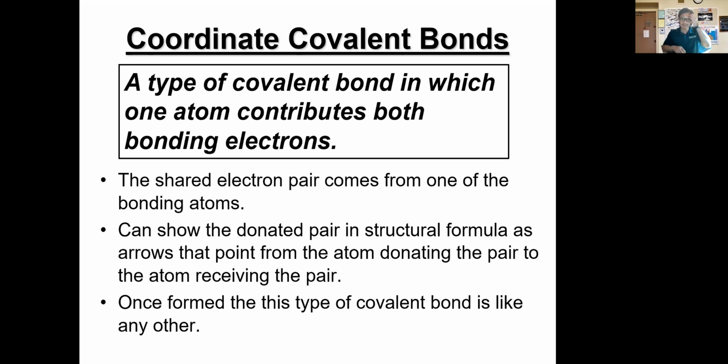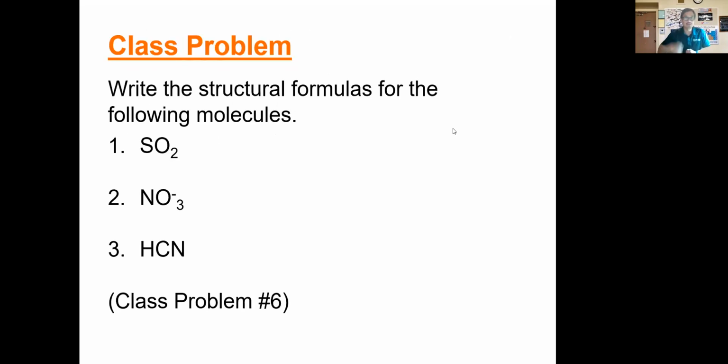I want to make sure you understand this: it's not a special type of covalent bond. It can replace a single bond, one of the 2 in a double bond, or one of the 3 in a triple bond. But the key here is that one of the atoms contributes both of the electrons. The electron pair comes from only one of the bonding atoms.